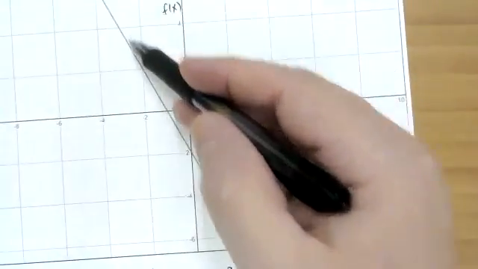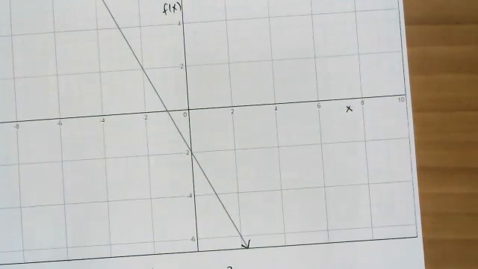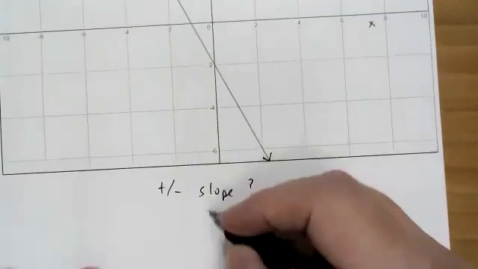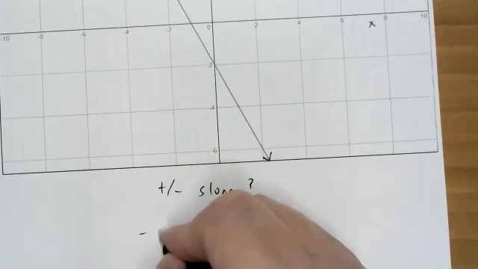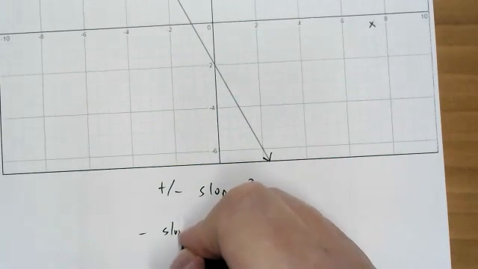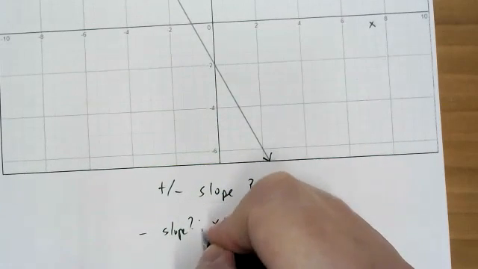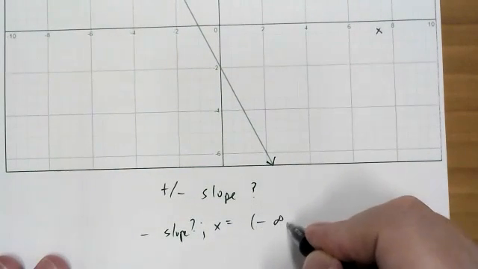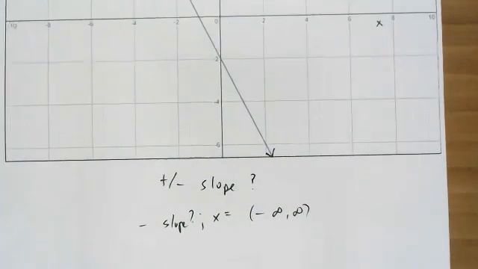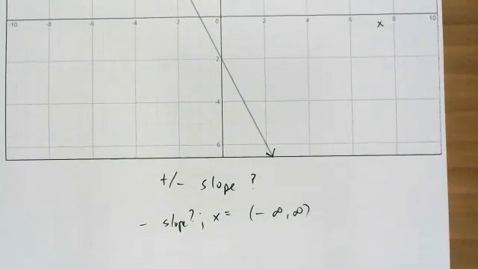So this whole function has a negative slope. So what's the value of x where the slope is negative? Basically the whole graph. It's a linear function. It starts out negative and stays negative the whole time.